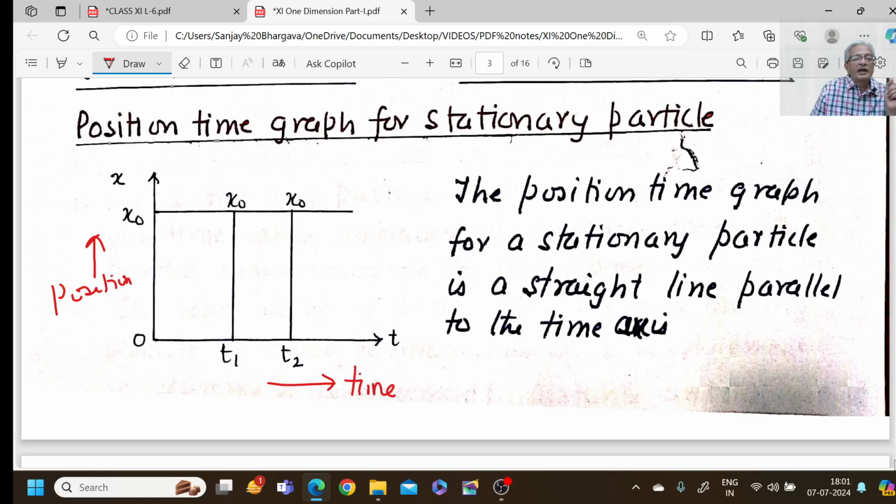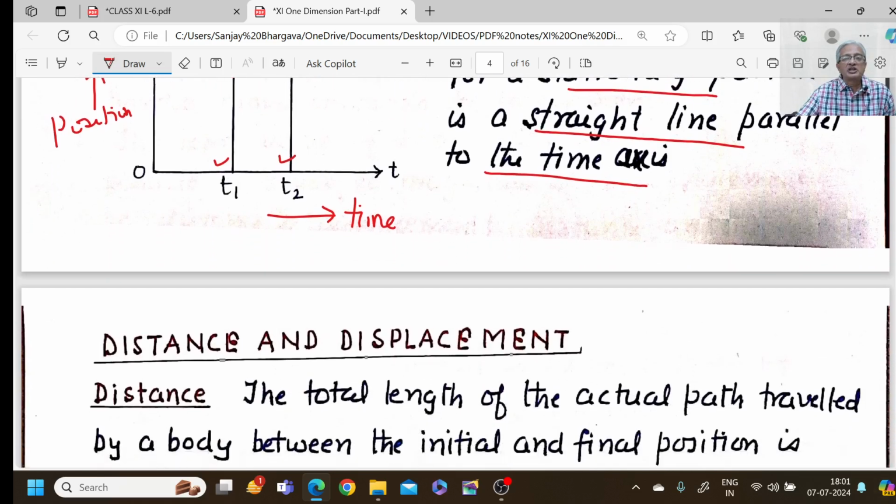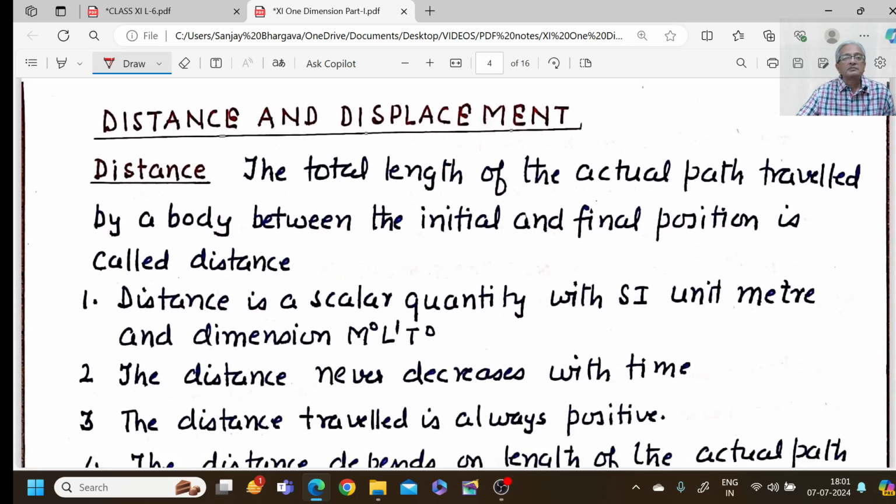The position at time t1 is x0, at time t2 is also x0. Since the position is not changing, it is said to be the stationary state of the particle. The position-time graph for a stationary particle is a straight line parallel to the time axis. So we can make a position-time graph for the stationary state of a particle.